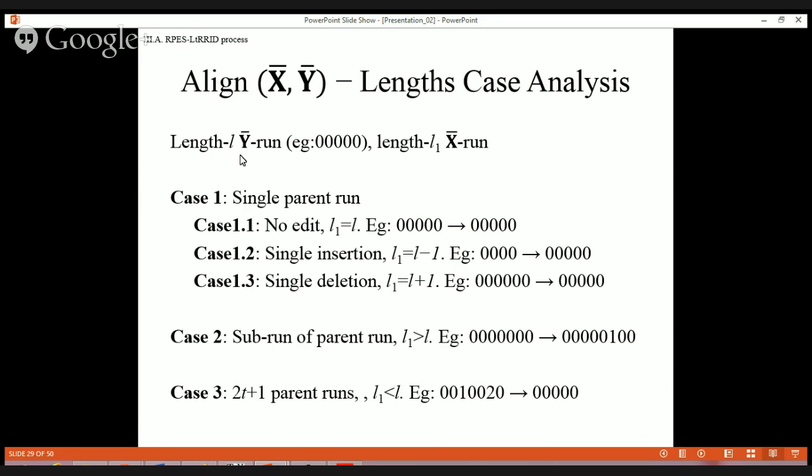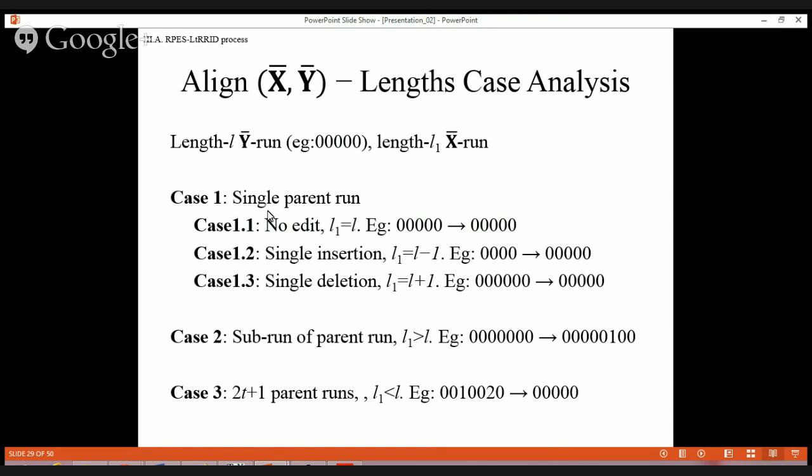So for a length L run in Y hat, and the next run to align in X is length L1, we have the following cases. In those cases, we'll give an example where the length L Y hat run is 0, 0, 0, 0, 0.